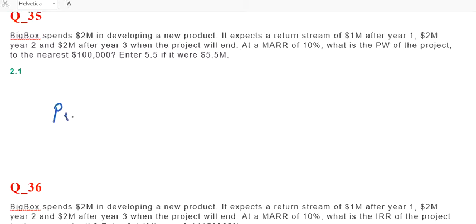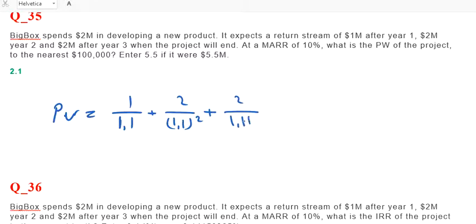Present worth of the project equal to $1 million over 1.1, plus $2 million over 1.1 to the power of 2, plus $2 million over 1.1 to the power of 3, minus the original $2 million. That gives us 2.06.